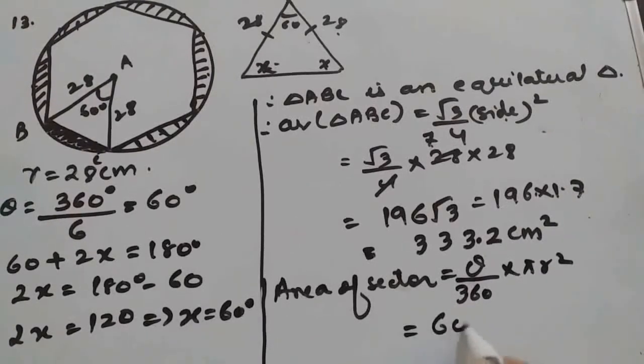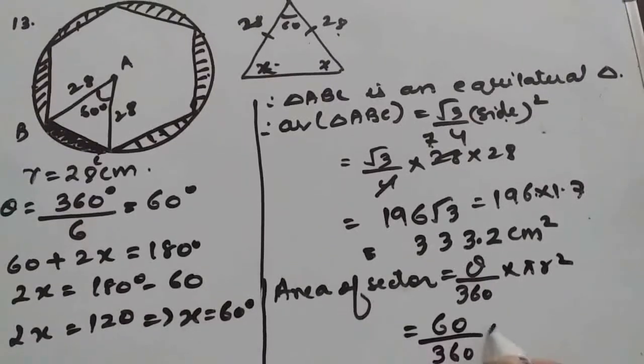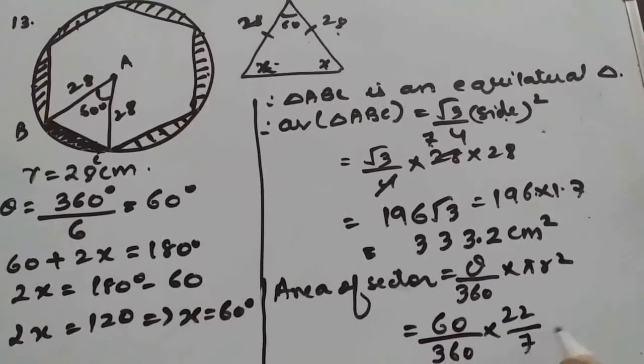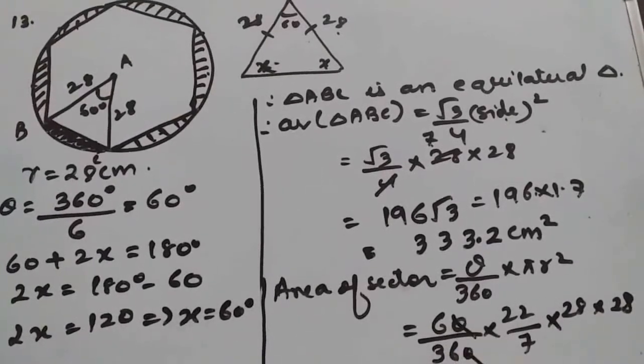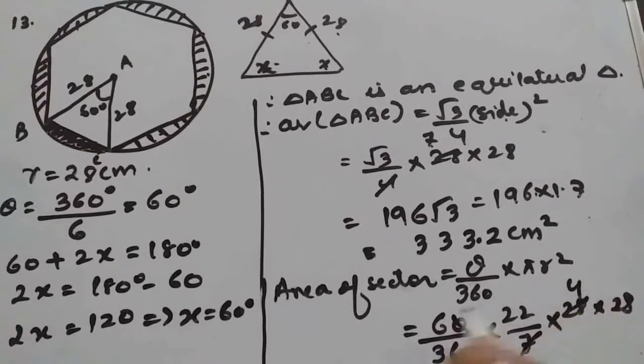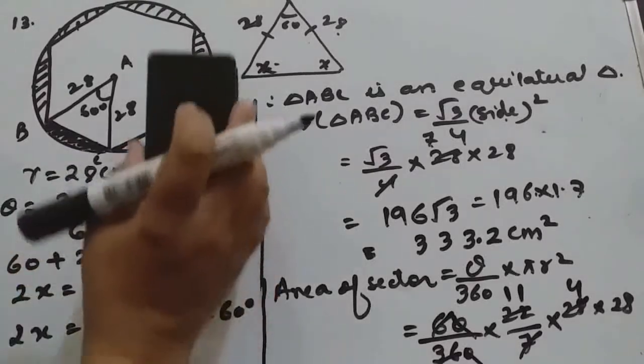So theta is 60 by 360, pi is 22 by 7 we can use, r means 28 into 28. Okay, see 0 will go, 7 4s are 28, 6 6s are 36. Now this also will go. So what we can find here?